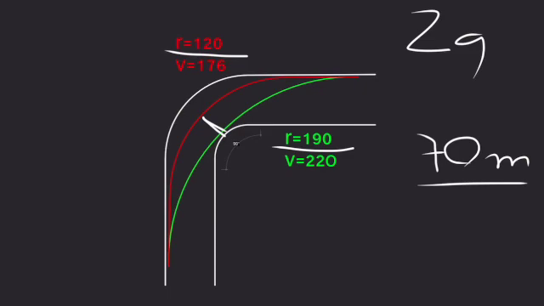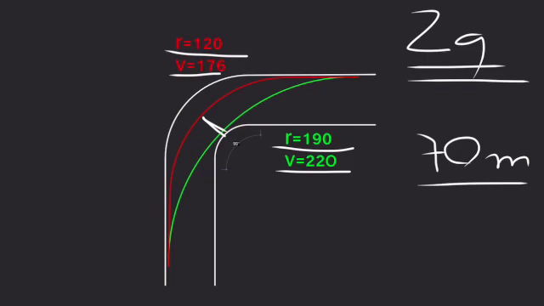And to achieve the same 2g, the 20 meters per second squared, the speed difference between the red radius and the green radius is 44 kilometers per hour. So if a driver misses the apex in a 90-degree corner like this, he loses almost unimaginable speed, because 44 kph is huge.